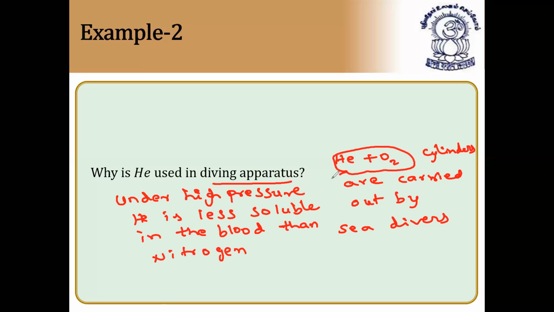So a mixture of helium and oxygen is used instead of air, because deep in the sea high pressure will be there. So under high pressure, helium is less soluble in the blood than nitrogen. That's why it is used in diving apparatus. I hope it is clear.